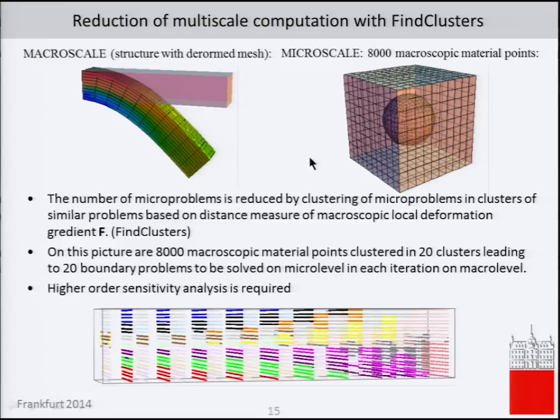So with this device, we used one of the functionalities of Mathematica, the ability to perform clustering of the data, to make clusters of the micro problems based on a measure of distance, which is a norm of the macro gradient.